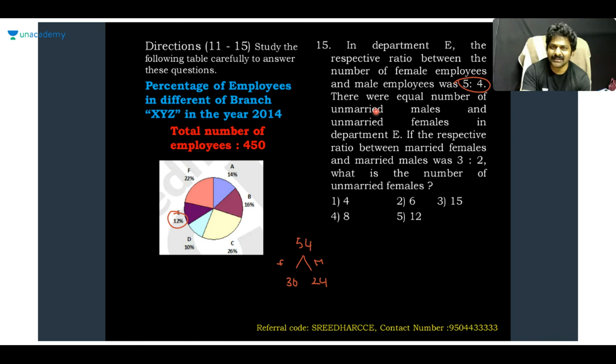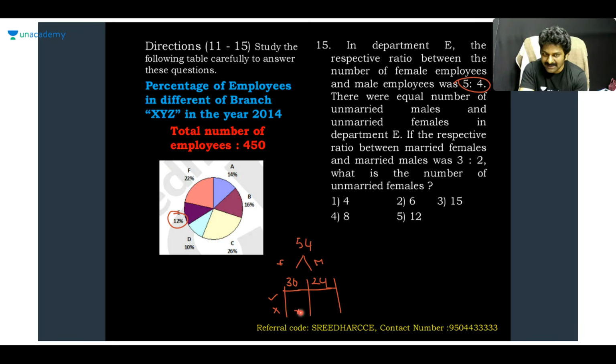Next, there were equal number of unmarried male and unmarried female. See, in female 30 members, you'll have again 2 categories, those who are married and unmarried. Even in male also, there will be married and unmarried. Your condition says there were equal number of unmarried male and unmarried female.